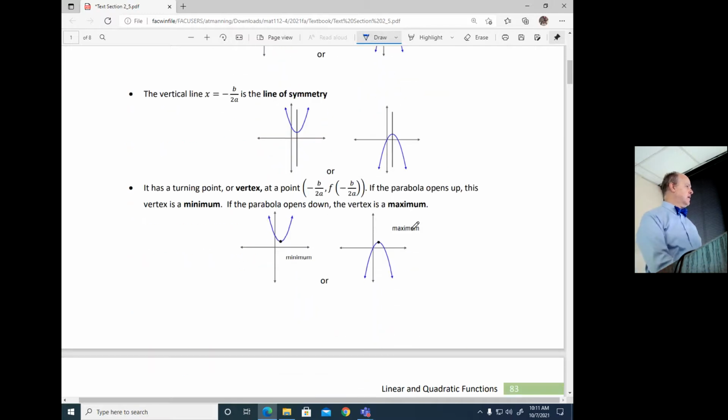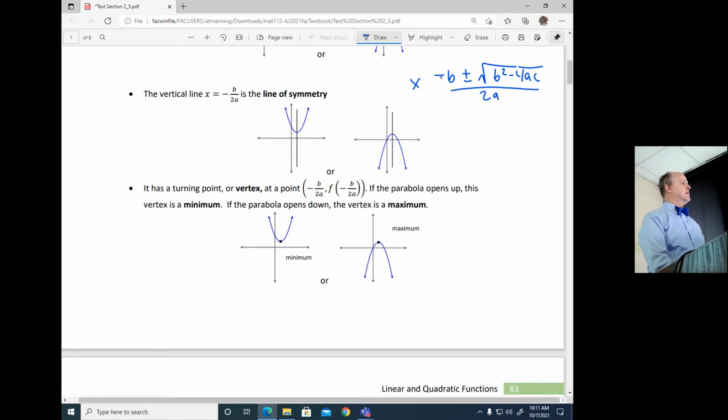Oh, there's something here. Remember how in the quadratic formula x is equal to negative b plus or minus the square root of b squared minus 4ac all over 2a.